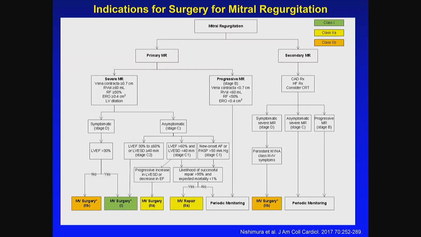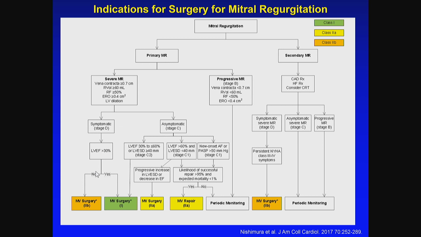This single flow diagram summarizes the indications for surgery in mitral regurgitation. Again, in primary MR, from prolapse, rheumatic disease, or endocarditis, if there's severe symptomatic or asymptomatic mitral regurgitation, we proceed with intervention in symptomatic patients provided the EF is more than 30%.